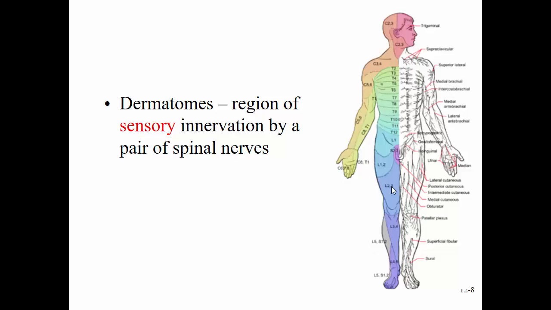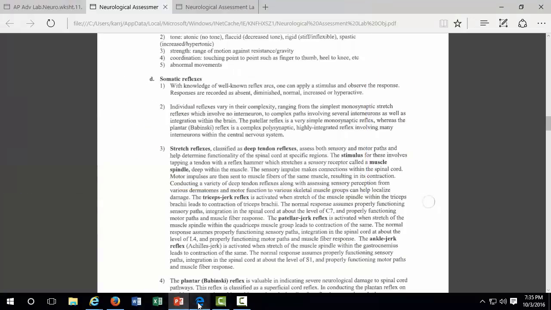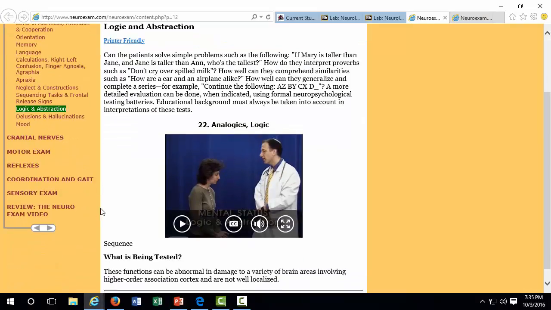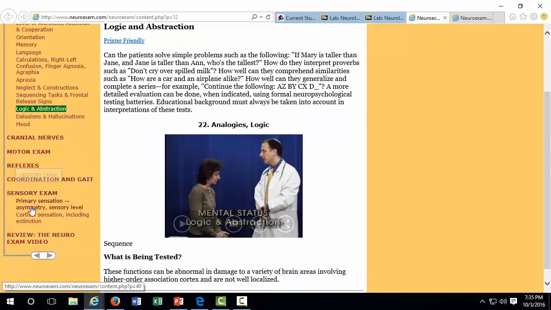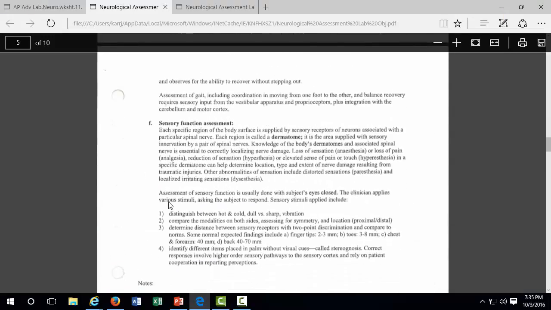So we're checking sensory function. And then there's a lot of other tests that we can use to detect sensory function, and that is in this video. Coming down here, the sensory exam, a lot of different things that she does here to determine sensation. And in your lab packet, at the end, it talks about the different types of sensory function that we can assess.